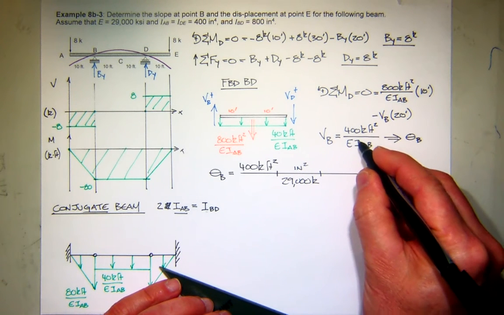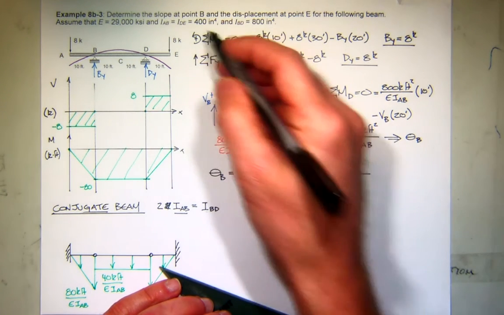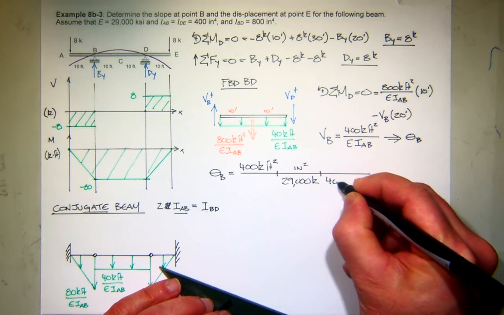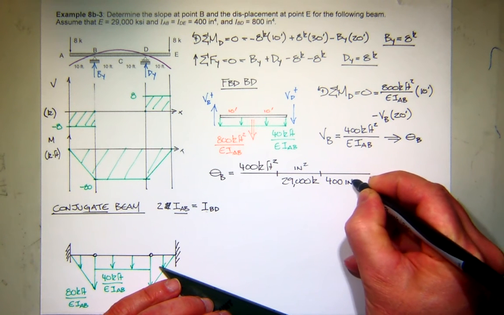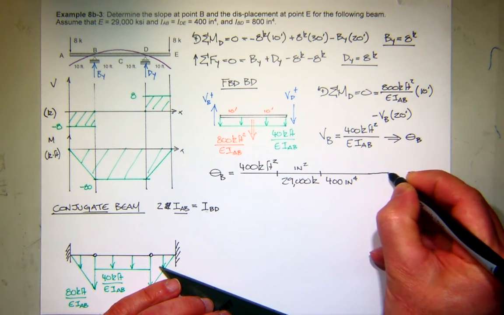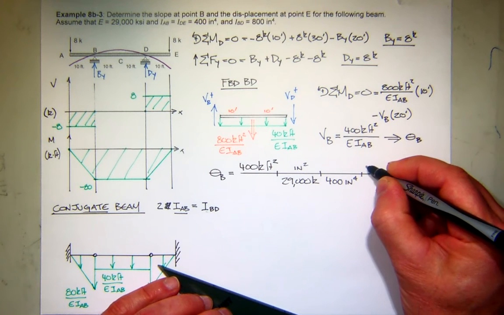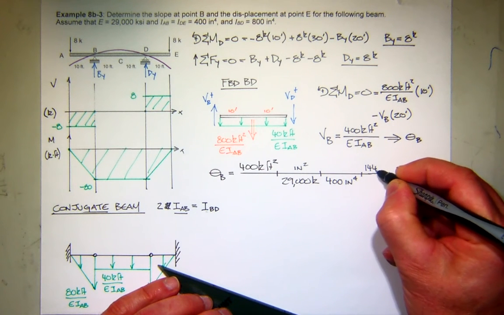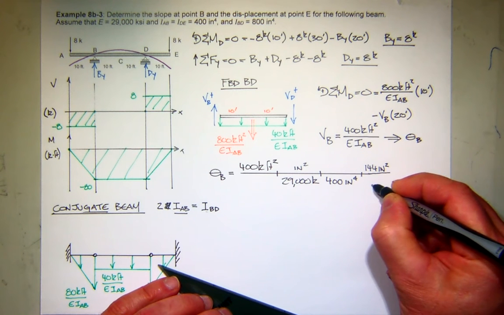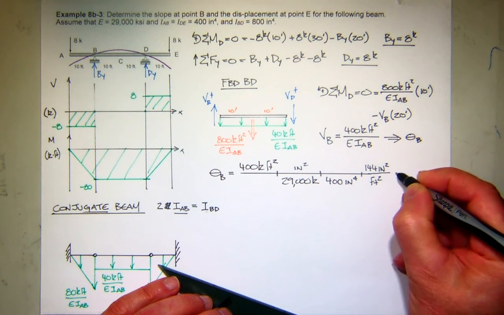I at AB, that's 400 inches to the fourth. And then I have to convert square feet. So there's 12 squared or 144 inches squared in a foot squared.